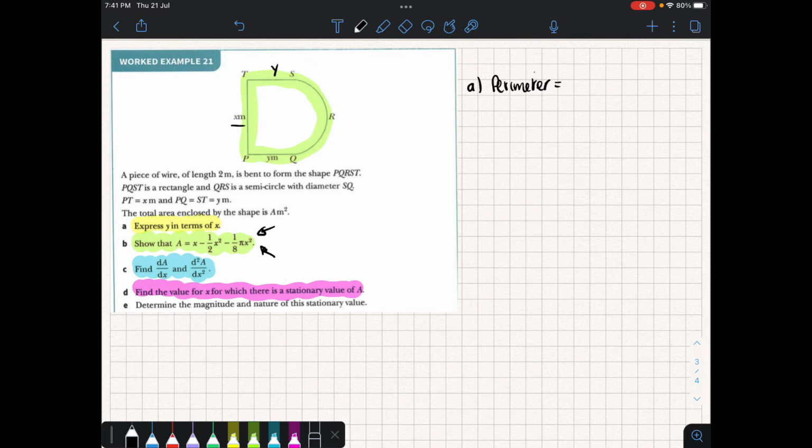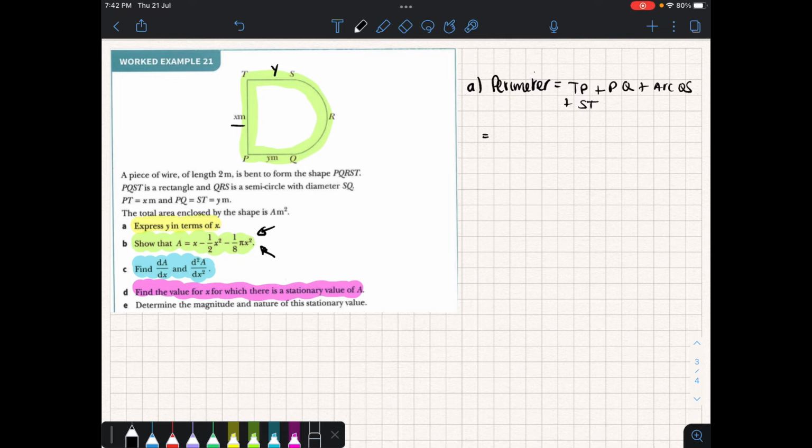I go from T to P, and then I go from P to Q, and then I go around this arc from Q to S, and then I go from S to T, and then I'm back where I started.